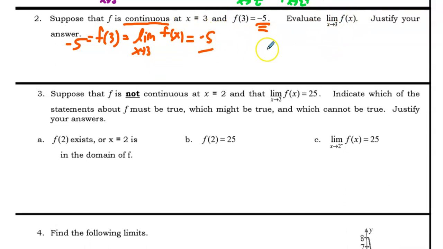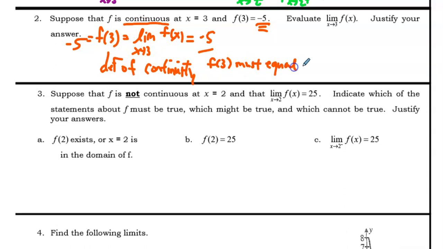And we can justify our answer by saying that by the definition of continuity, f of 3 must equal this limit. It has to equal it. Therefore, this limit has to equal negative 5. All right, so again, the definition of continuity really helps us with that problem.